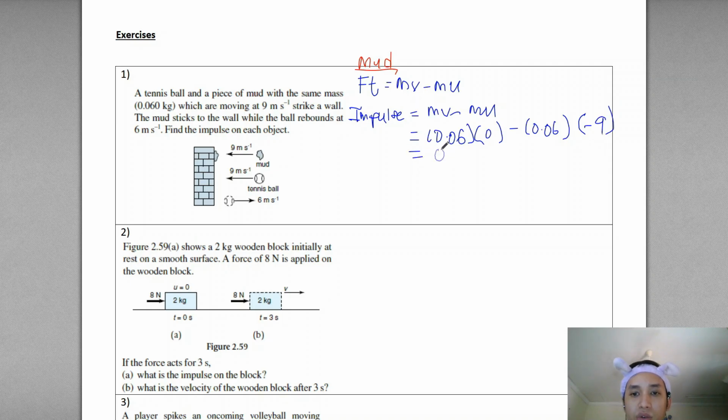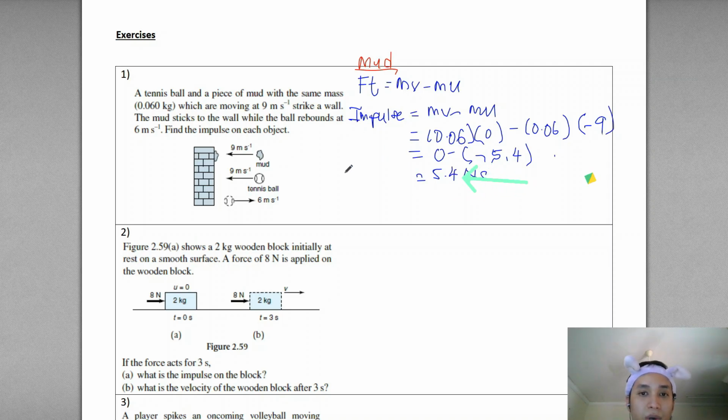So this will be 0 minus, how much is this, 54, so it should be 5.4. It is negative 5.4, so the impulse is 5.4 Newton seconds.